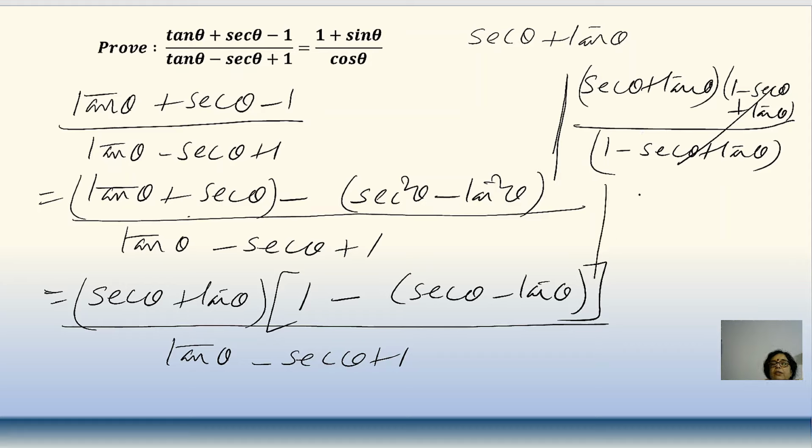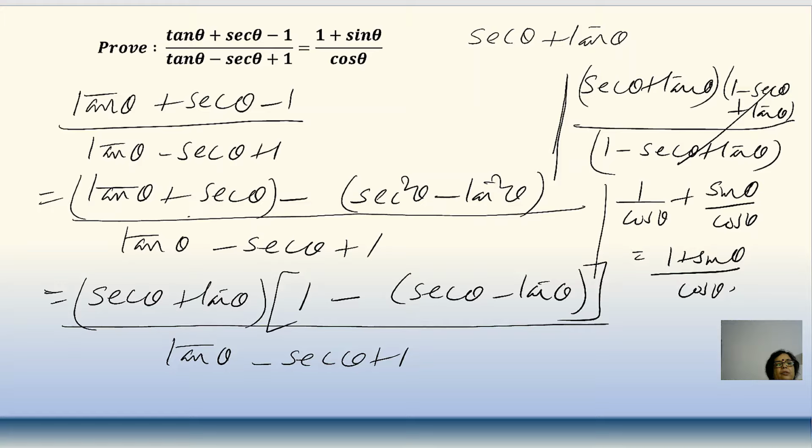So sec theta is equal to 1 by cos theta, and tan theta is sine theta by cos theta. So we get over here 1 plus sine theta by cos theta. So the thing that you need to keep in mind is where you have to convert 1 into the given identity. That needs to be understood thoroughly.